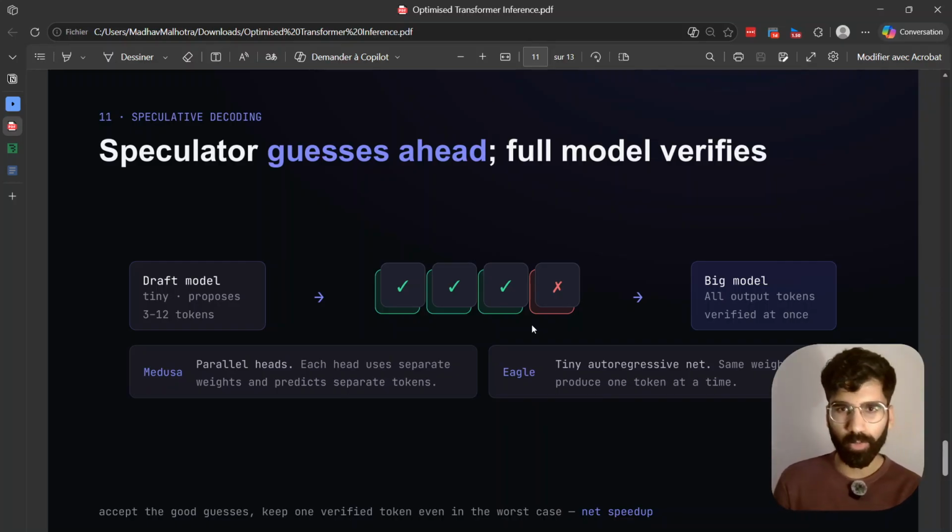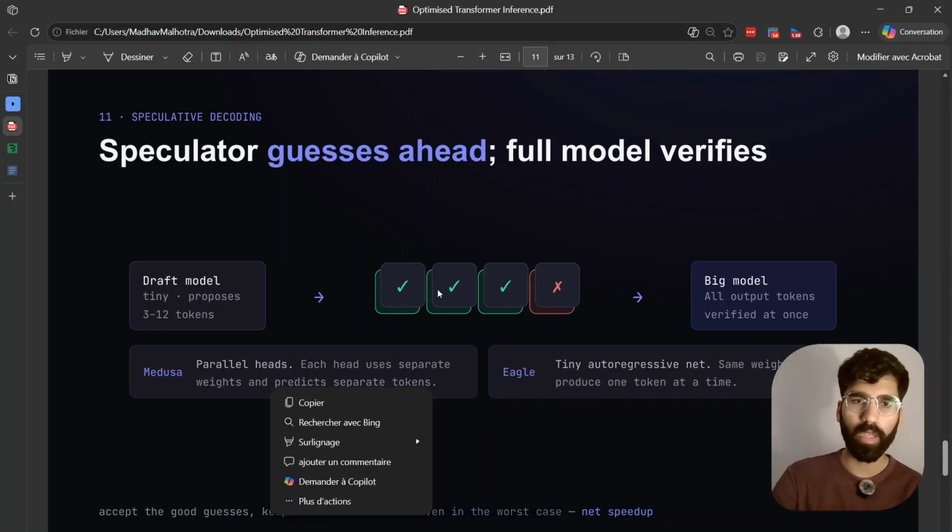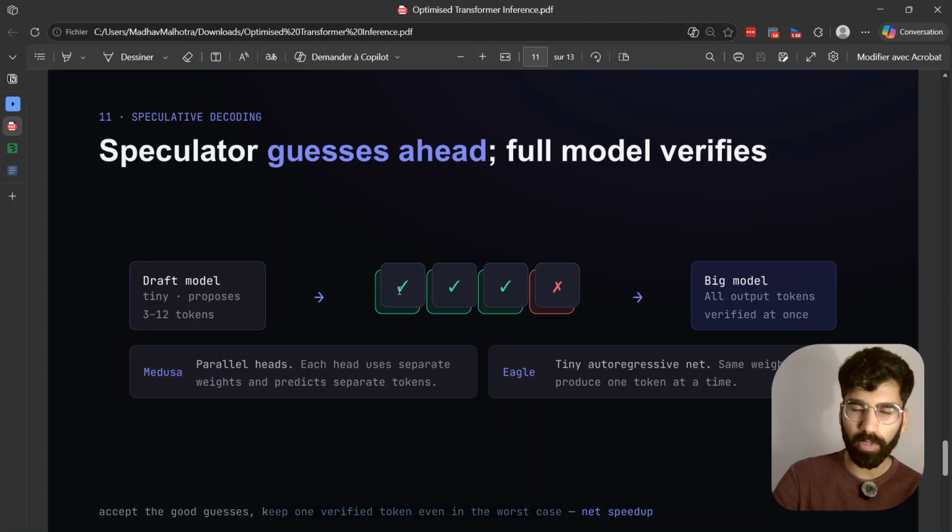Before we get into the minutiae of the approaches here, the key benefit of doing this is that when we have at least one token that the big model will accept as good, then we can get a speedup.